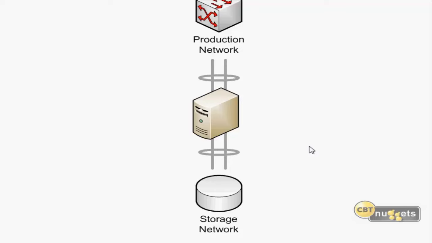I separate these out in, for example, the single gigabit world because I want to make sure that any sort of contention on this storage network is not going to impact the ability of my virtual machines to talk to their clients. So separating these out can be a good idea, again, to protect myself from overuse across any one of these connections.